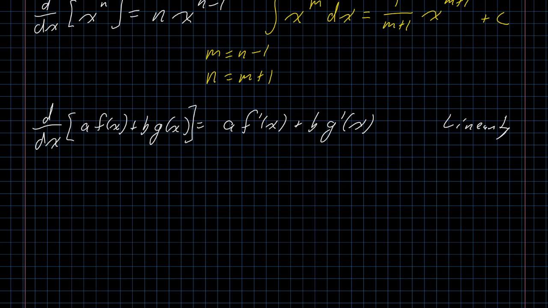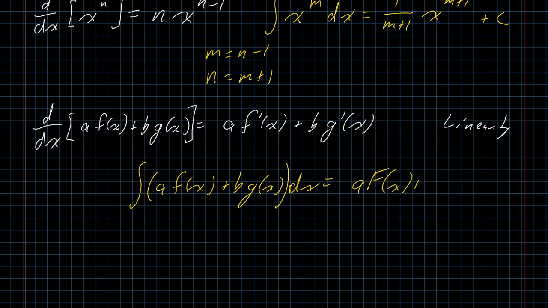And once again, we can turn that one on its head. The integral of a times f of x plus b times g of x dx is a times big F of x plus b times big G of x plus our constant of integration, where big F and big G are any one antiderivative of f and any one antiderivative of g, respectively.